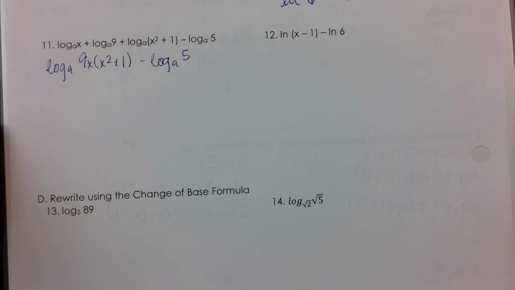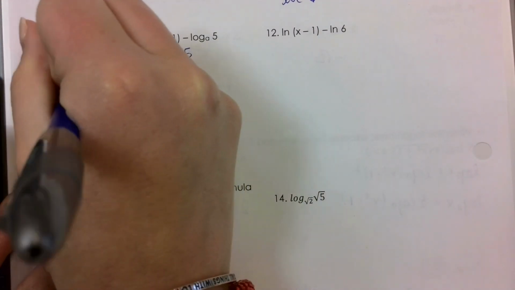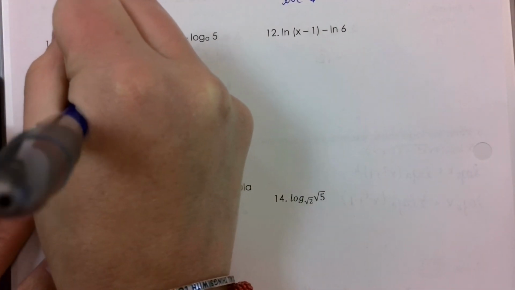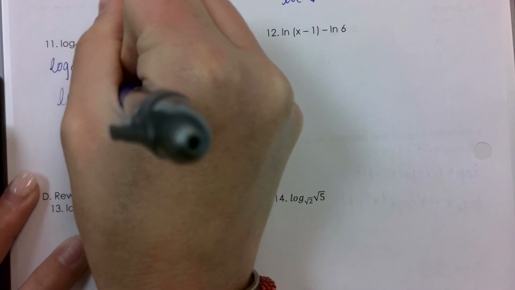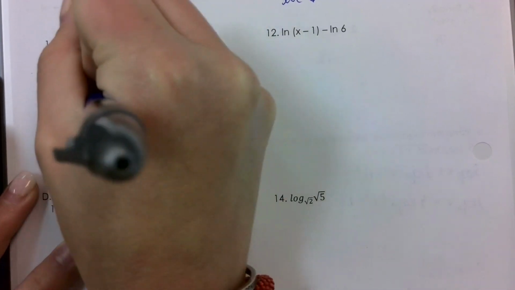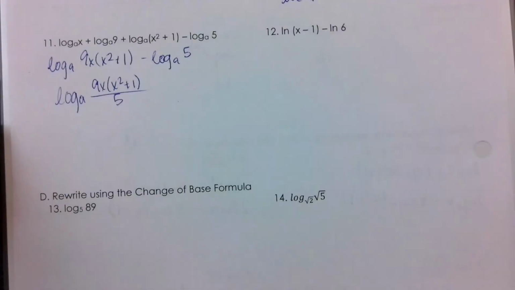Since they're subtracting, what can we do to condense it a little bit more? Divide. So we'll have log base a of, you could distribute on your numerator if you wanted to. It's not really going to change anything, so we can just leave it there if that's okay with y'all. Questions at all?